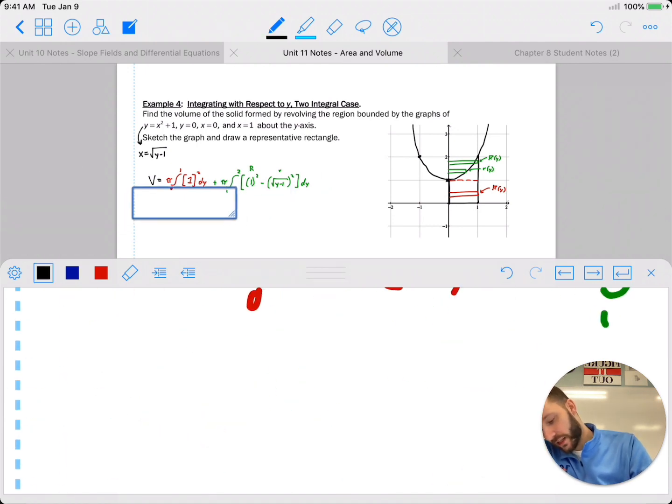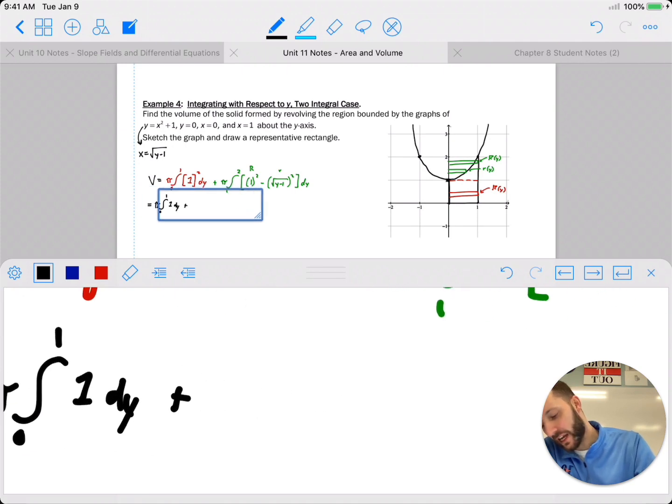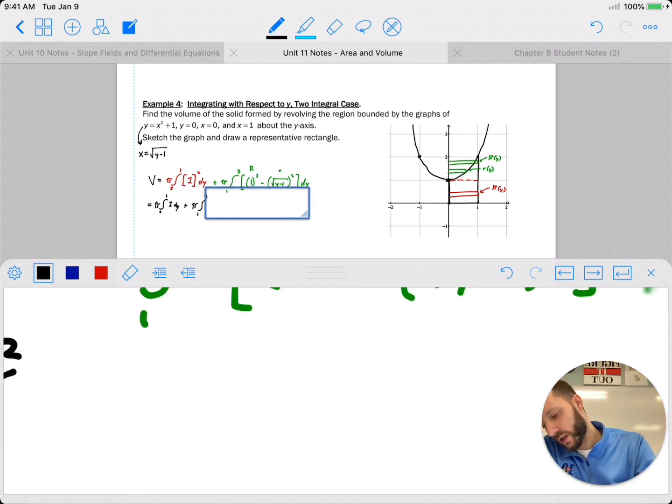So now to calculate all of that, pi from 0 to 1 of 1 dy, we're going to add on the other area from 1 to 2. Let's see, 1 squared is 1.